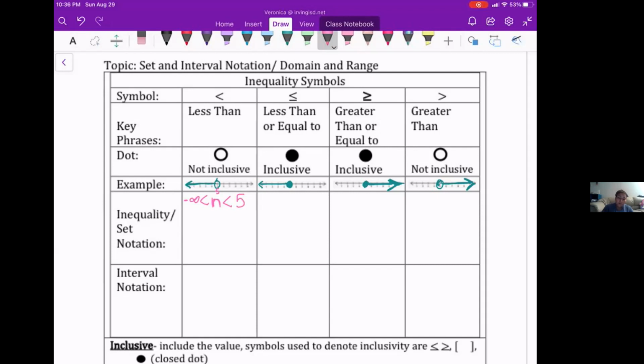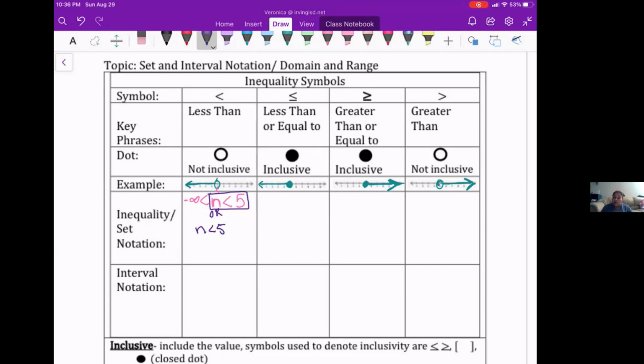So the easy way to know what you're going to write without the infinity symbol is to look at the chunk without the infinity. So you see how I'm putting a box around that area? That's exactly what I'm going to write down. n is less than 5. So that's the other way you could write it in inequality notation.